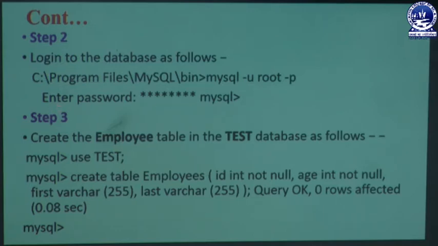Then we automatically get a prompt to enter the password. We enter the password and press Enter, and a MySQL prompt opens. That means the user is now connected with the MySQL database. It is the first way through which you can make a connection with our MySQL database.